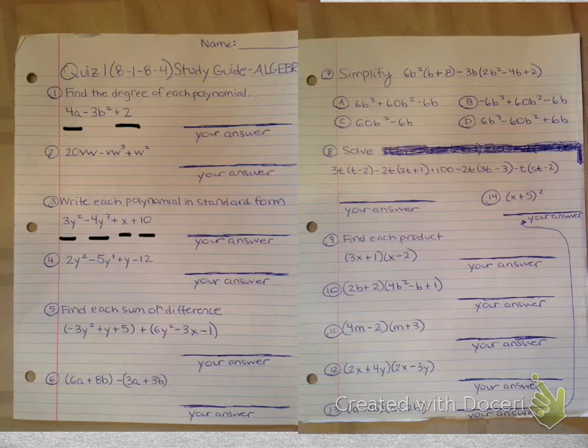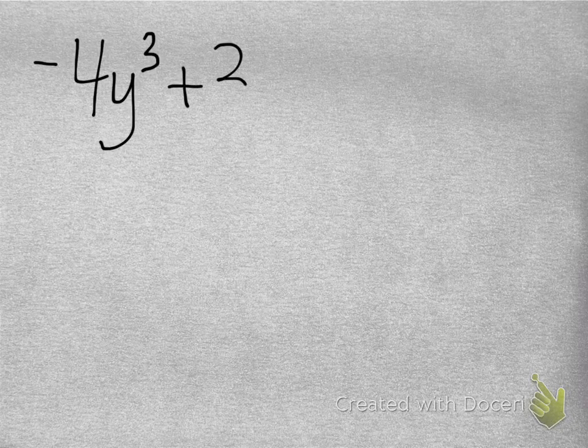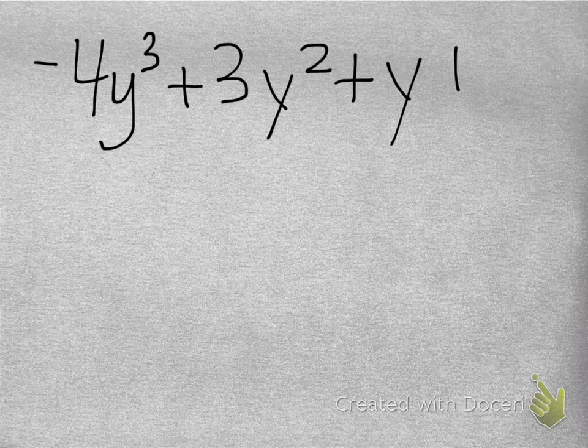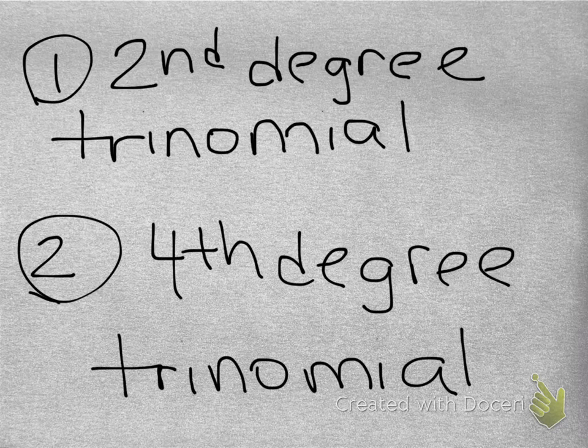So if we put it in order, that means we need to switch the first and the second terms. So the answer would be negative 4y cubed plus 3y squared plus y plus 10. And that would be in order or in standard form.